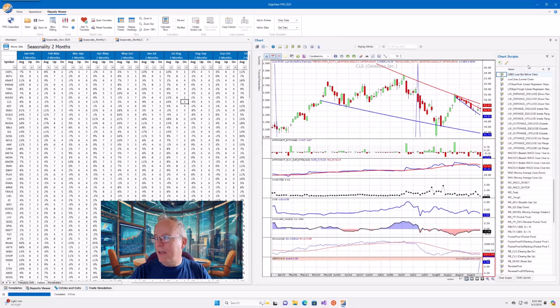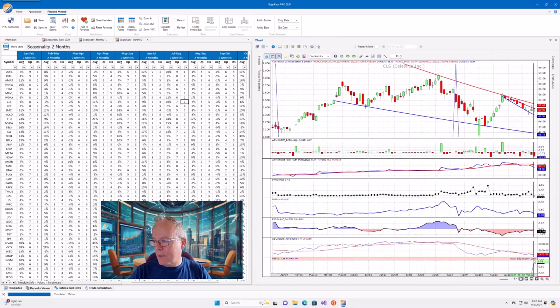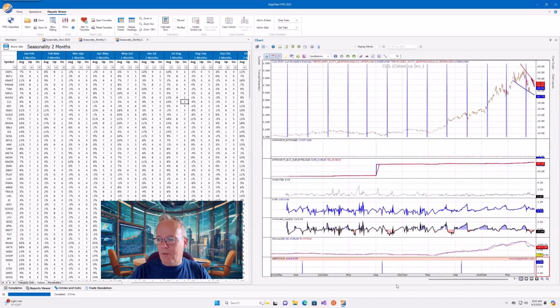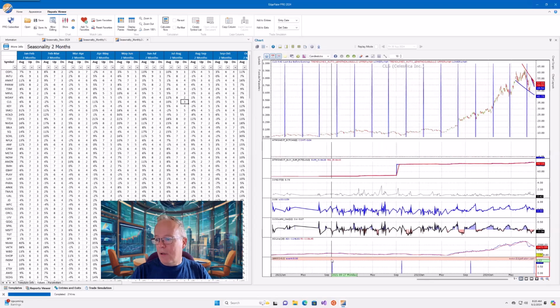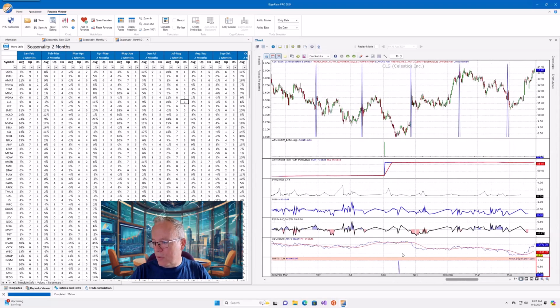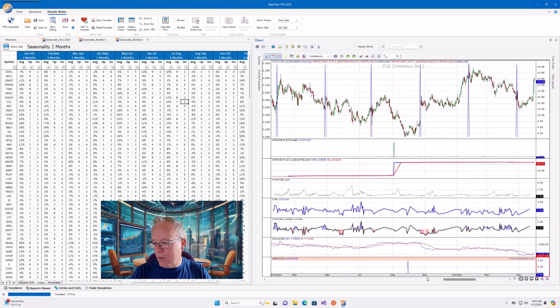If I pop that down onto the chart area, and I zoom this chart out, you can see every year an event happens, and this is happening on 10/1 every single year. We'd have to zoom in to find out the exact date of those. This particular event down here happened on 9/30 in 2021. In 2022, it also happened on 9/30.